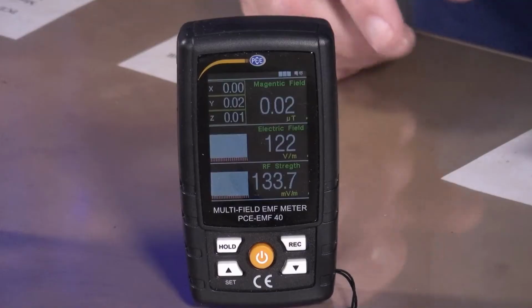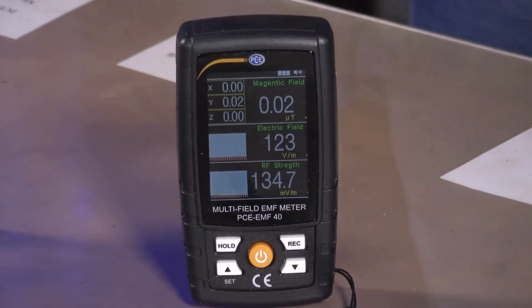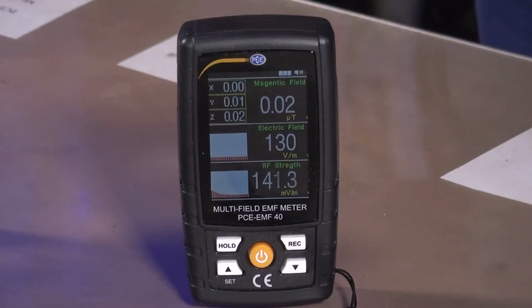In the middle area, it has a different function. I can determine electrical fields like the device before, generated by electric flowing lines. There can be coils, there can be motors, there can be transformers, and so forth. Everything at home and always around us, I can determine with this.